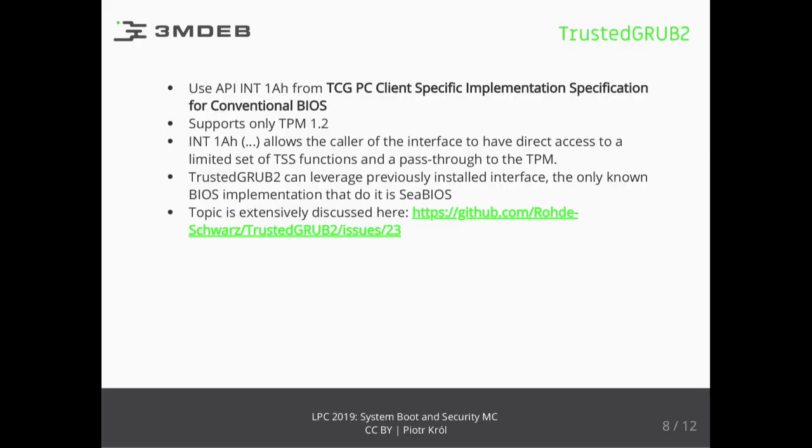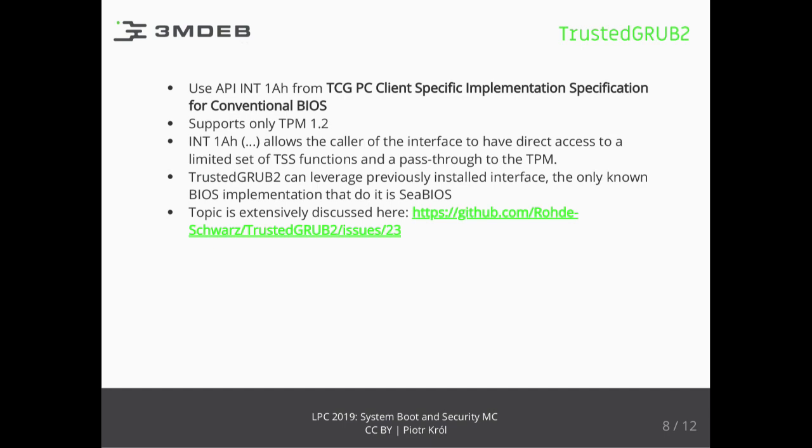It supports only 1.2, but I believe this specification is not only about 1.2; it is general, so it can match both 1.2 and 2.0. To quote the specification about this interrupt, it allows the caller of the interface to have direct access to a limited set of TSS functions and pass through to the TPM. Of course, these functions are installed by some previous stage.